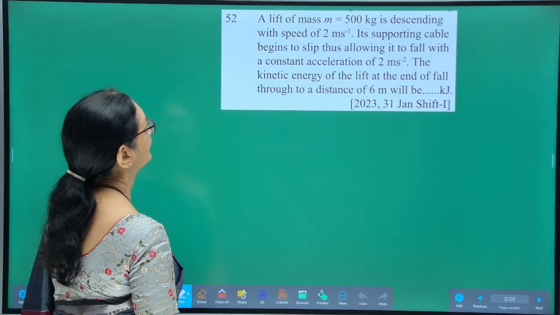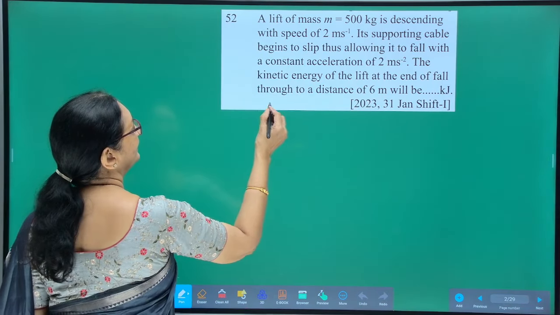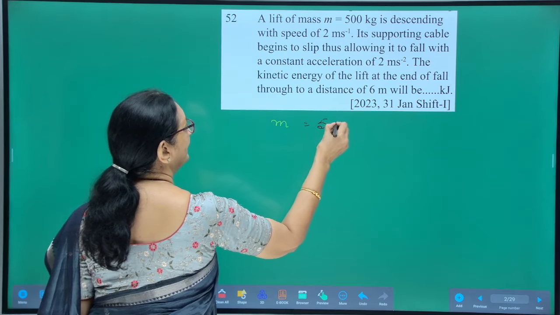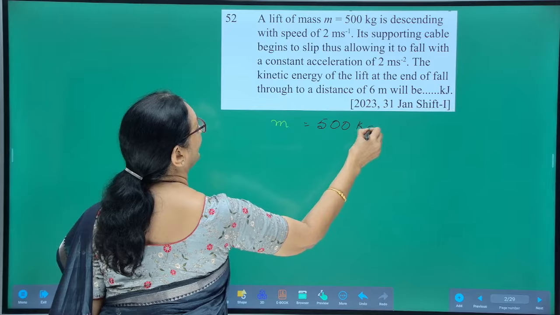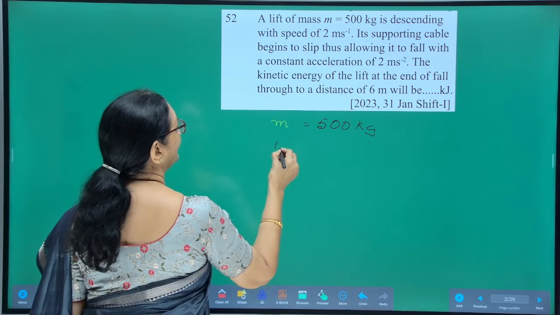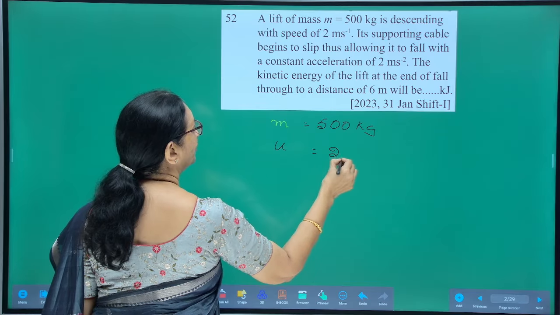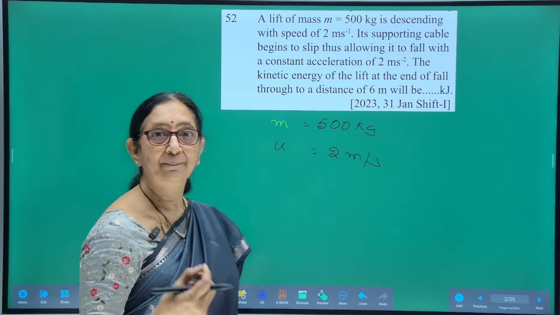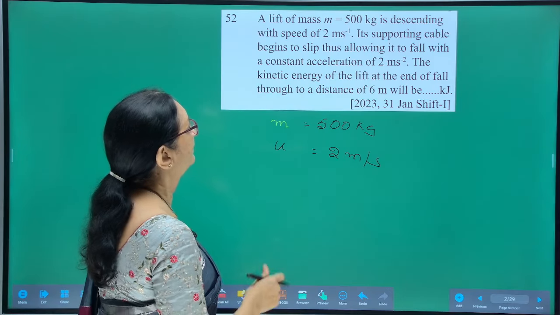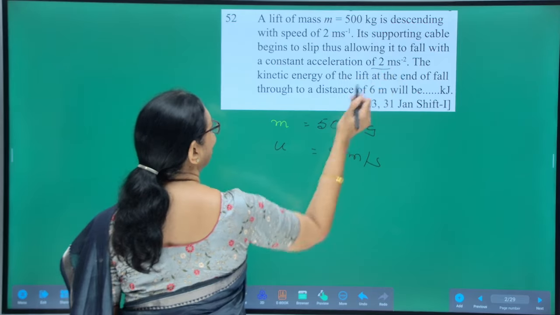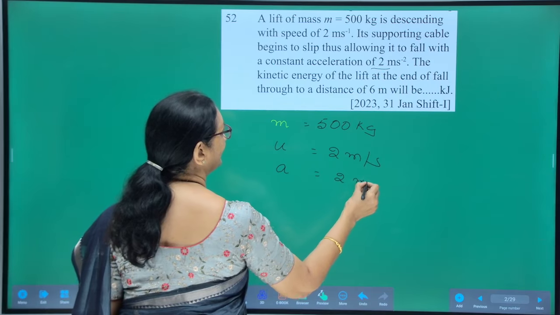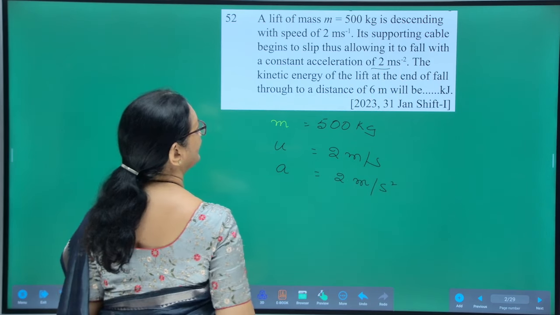Move on to the next. A lift of mass 500 kg. The mass of the lift is given as 500 kg, and it is descending with an initial speed of 2 meter per second. Its supporting cable begins to slip and it falls with a constant acceleration. The downward acceleration given is 2 meter per second square.